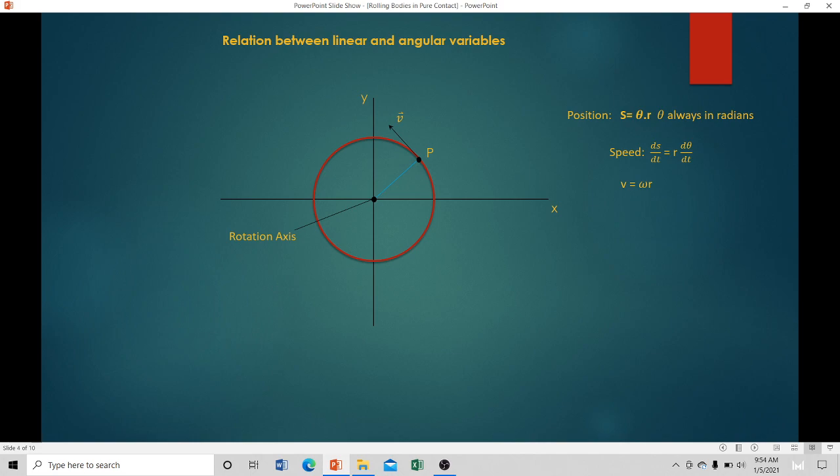If omega is constant and v is constant, each point within the body undergoes uniform circular motion, where omega has the unit radian per second.